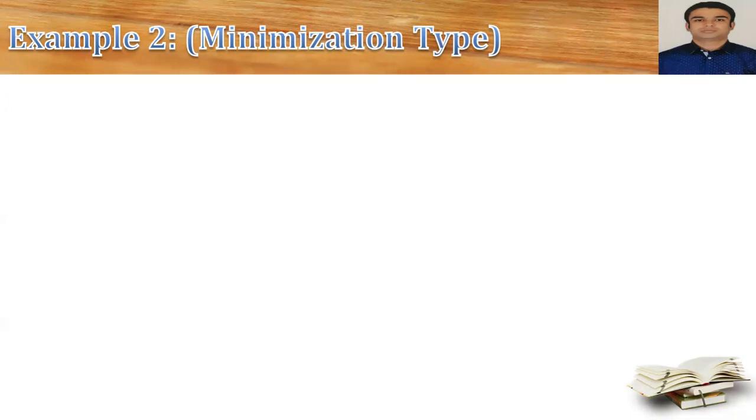Now, the second case of LPP is the minimization type of problem. In our first example, I discussed the maximization type of problem. Now here, I discuss the minimization type of problem.